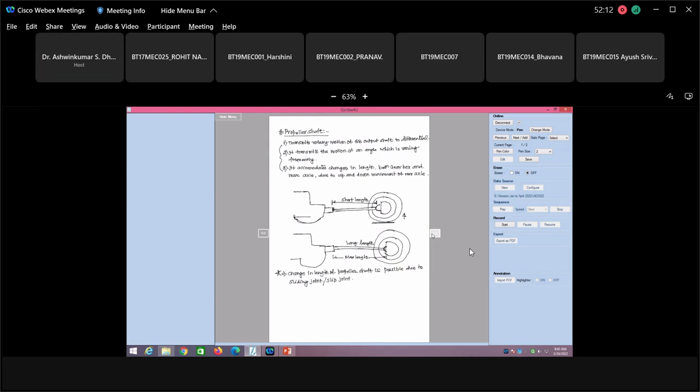I will draw the figure of the propeller shaft to make this thing very clear. Now the figure of the propeller shaft is something like this.